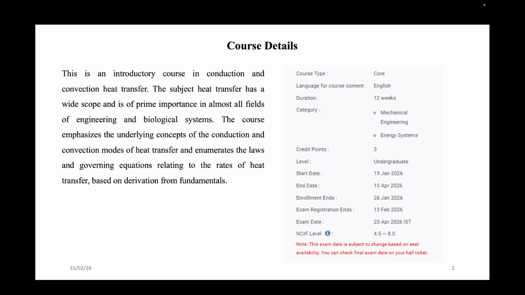Our main motto is to understand this concept and how to solve numerical problems which we can implement in real-life scenarios. We will mainly deal with conduction and convection modes, along with other laws and governing equations that help us understand the concept in depth.